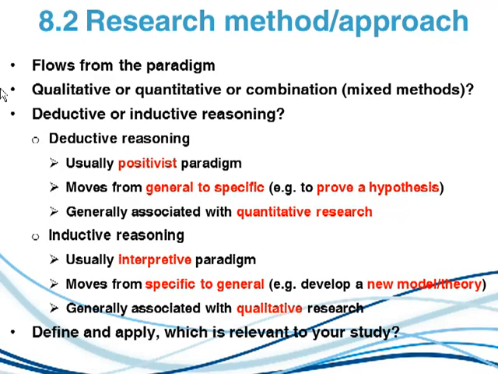So that would say that it is generally quantitative research. Okay? Inductive reasoning is usually interpretivism, and it moves from specific to general. In other words, to develop a new model or theory. So there's not much known quantitatively. So therefore, that's generally associated with qualitative research. Okay? Define and apply what is relevant to your study.